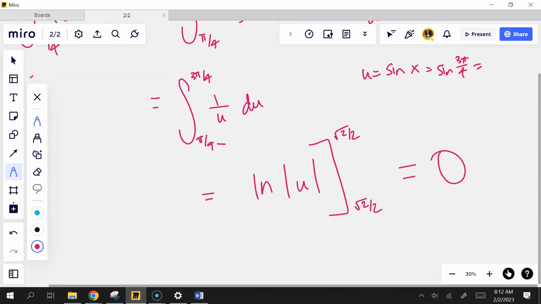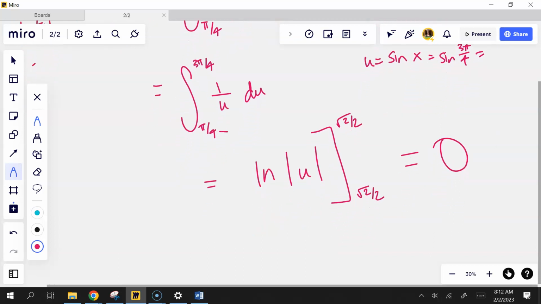But if I said, well, it's the log of u, and I know that u is sine x, well, now I could use those original bounds. 3 pi over 4, pi over 4. At some point, you have to take into account the u, whether it's in the bounds or it's in the antiderivative, if that makes sense.